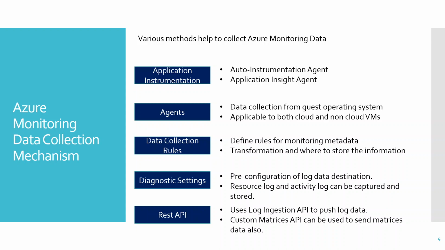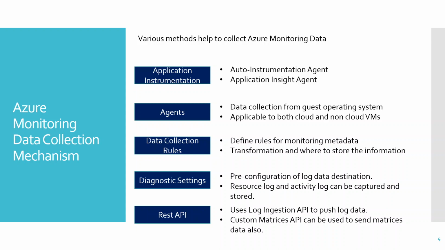Now coming to agents, these are especially made for virtual machines. These are processes that run in the guest operating system and help you to collect data from that guest operating system, and this is applicable to both cloud and non-cloud virtual machines.